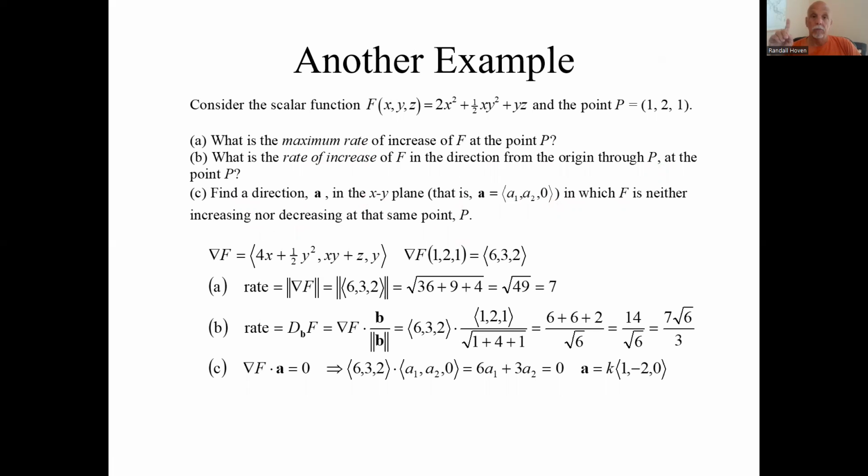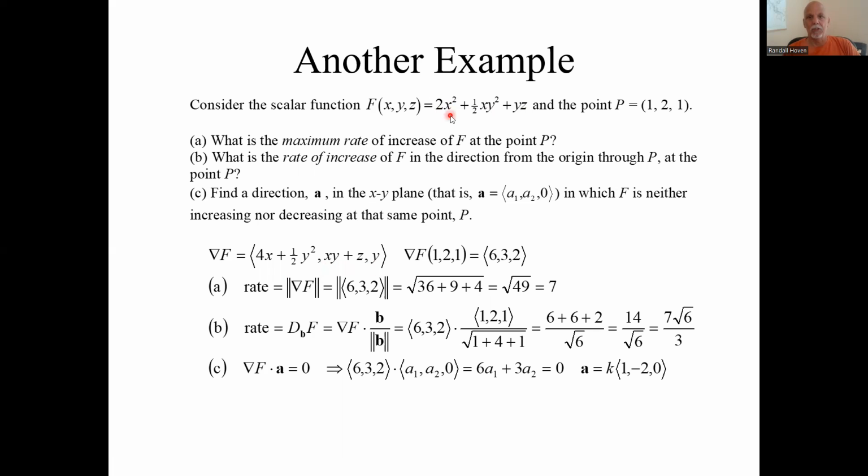Go first, calculate the gradient. What's it going to be? 4x plus 1/2 y squared in the x component. For y, what am I going to have? 2, I'll have xy plus z. Got to go through all terms. I almost just did it wrong.